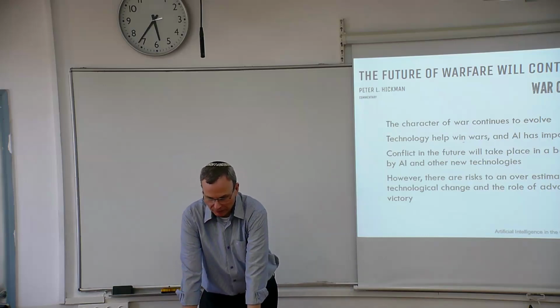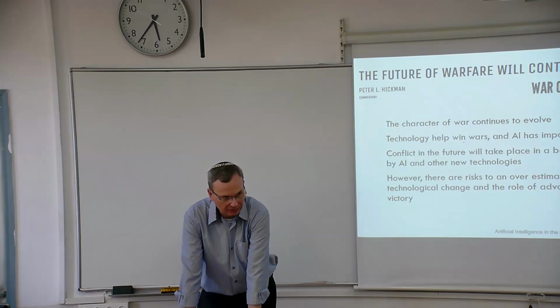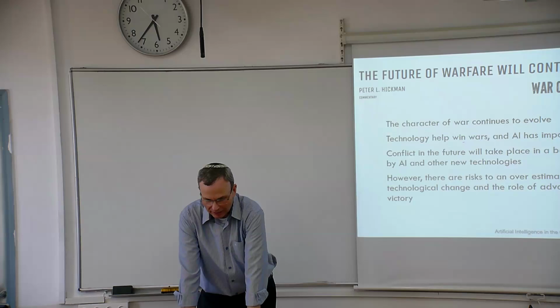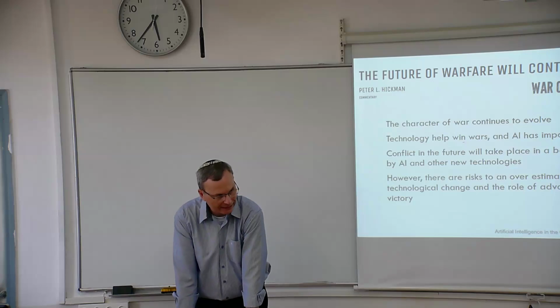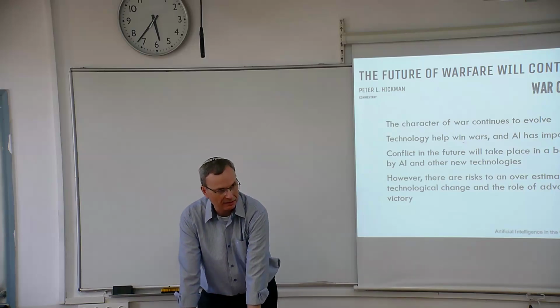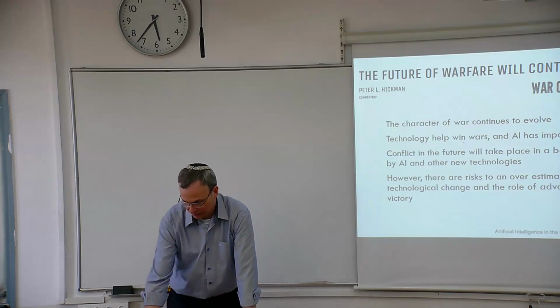So conflict in the future will take place in a battle space that is shaped by AI and other new technologies. Again, this is for sure. However, there are risks in overestimating the rate of technological change and the role of advanced tech in future victory. Meaning, yes, this is going to happen, yes, this is going to be huge, however, this is not the whole picture.